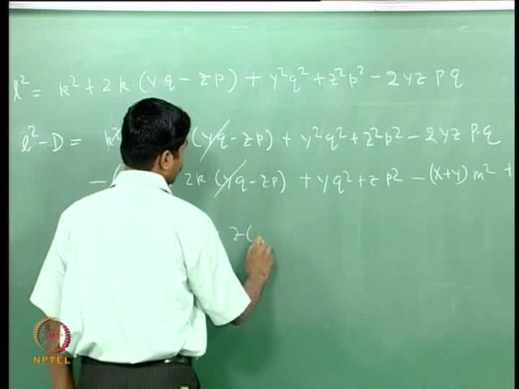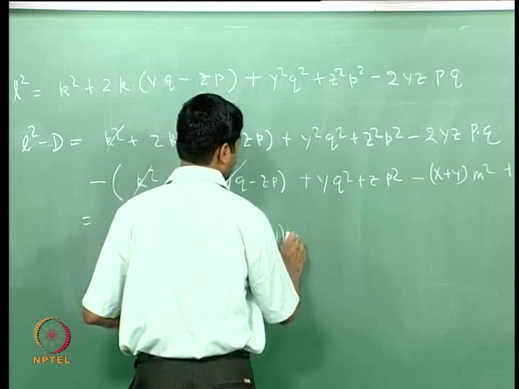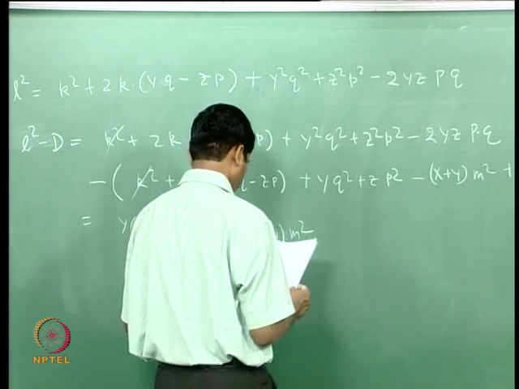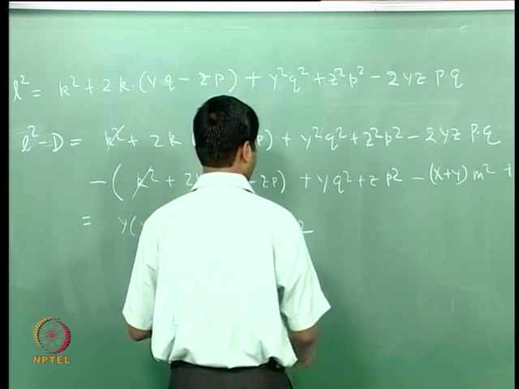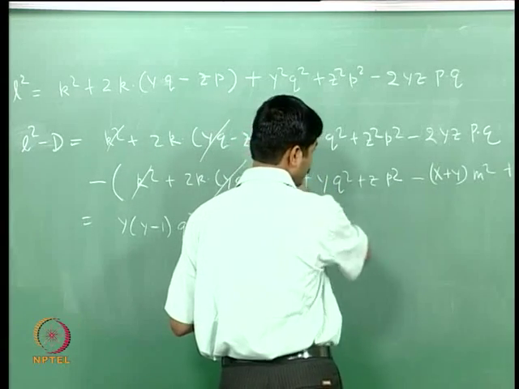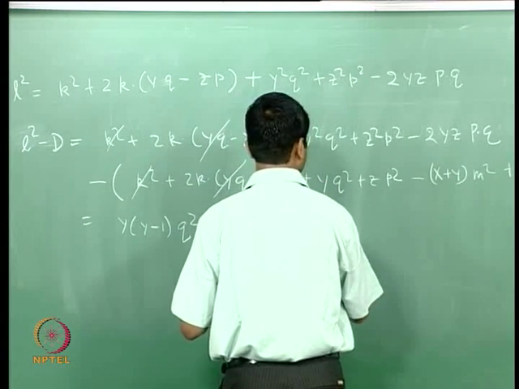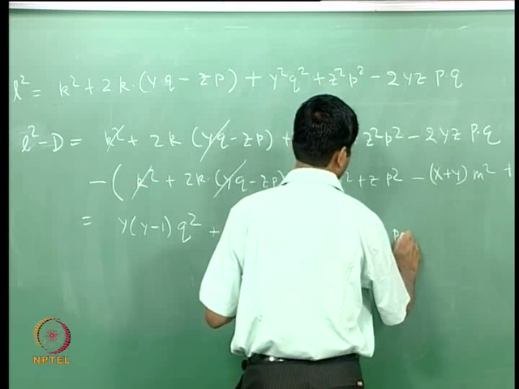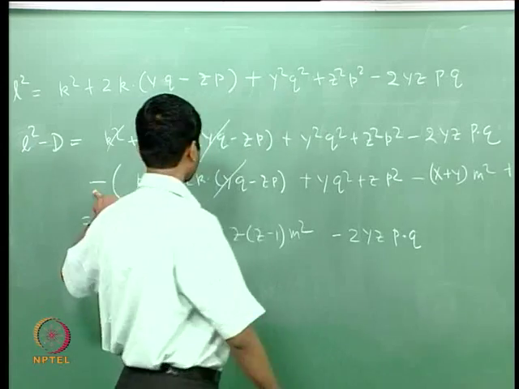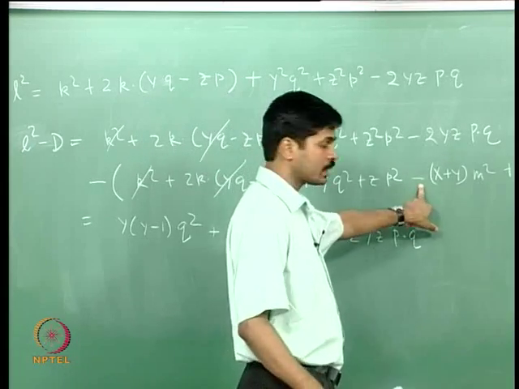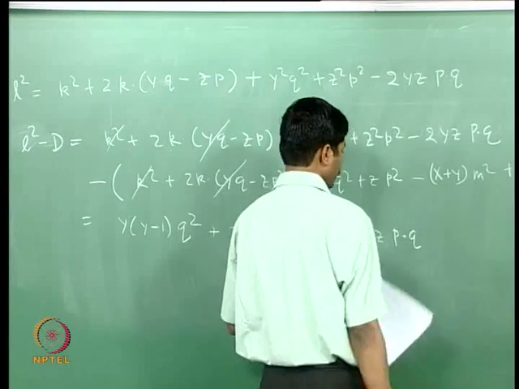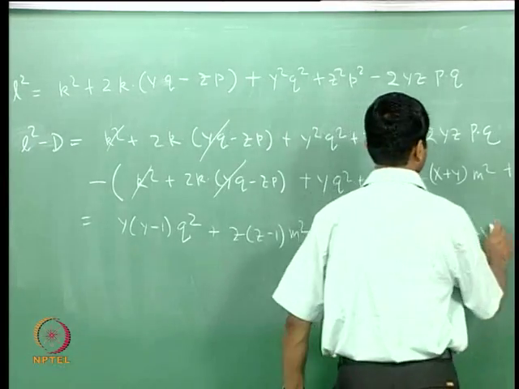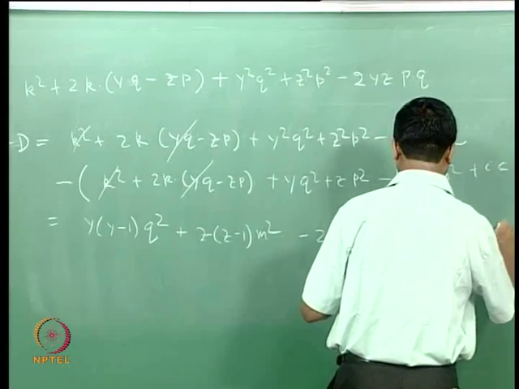Remember, z into z minus 1 p square, which is m square, and then x minus y minus 2 y z p dot q, and this will give me plus x plus y, which is 1 minus z, m square minus i epsilon.